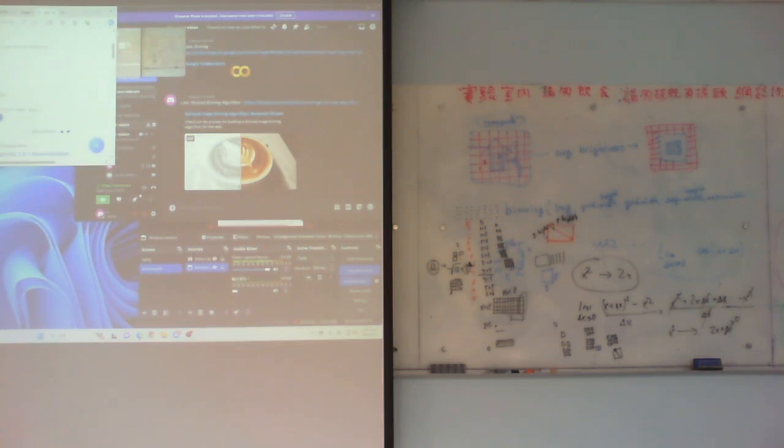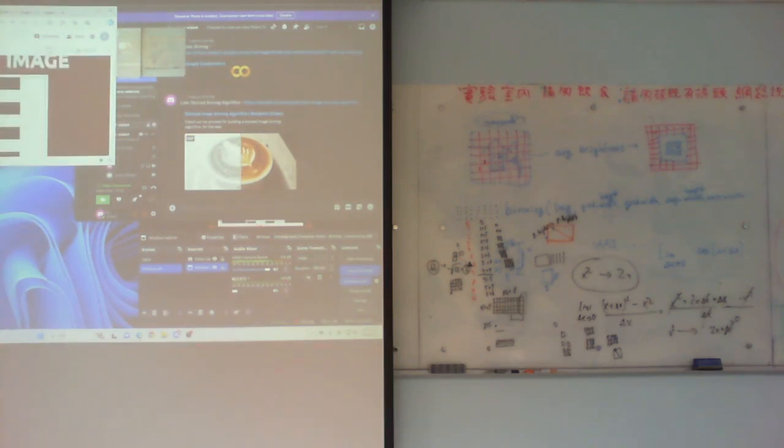Oh, cmap is gray. Okay. So now it's black and white the way it's supposed to be.